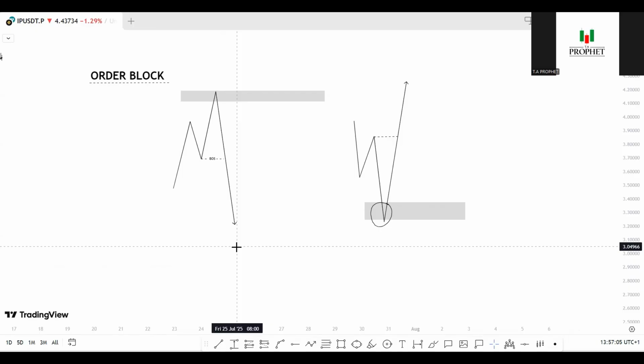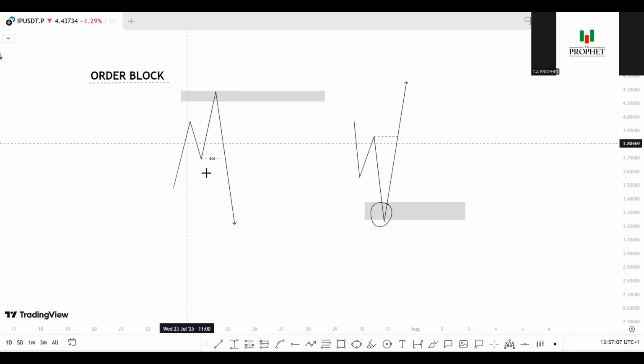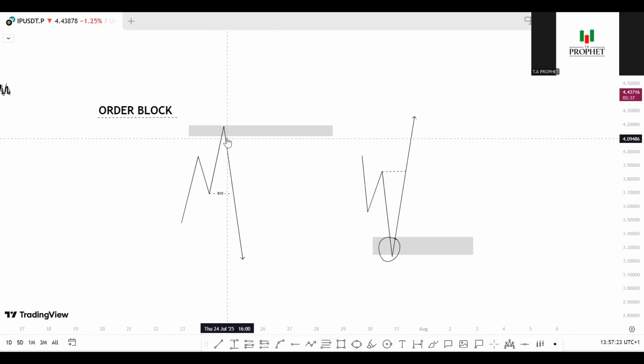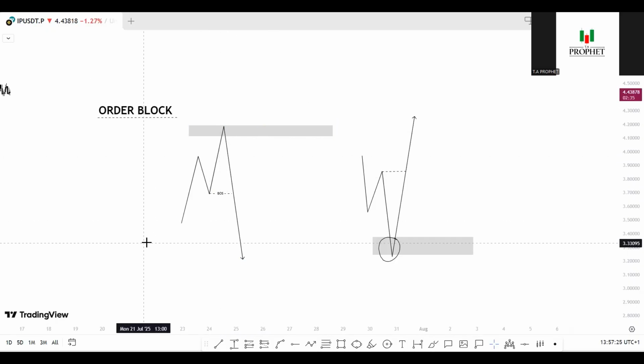That's number one. Then number two, there must be a liquidity sweep. Let me tell you what that means. The candle must sweep its previous candle high.